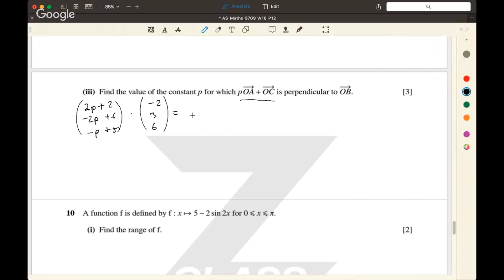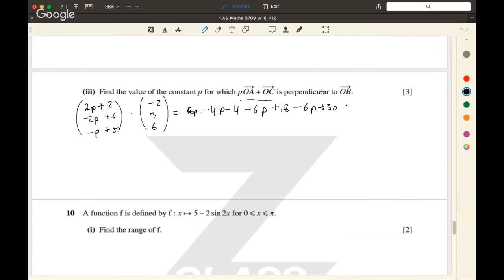So this gives us, and if you multiply it out, you'll find, let's see, 2p plus 2 times minus 2 is minus 4p minus 4. 3 times minus 2p plus 6 is minus 6p plus 18. 6 times minus p plus 5 is minus 6p plus 30.